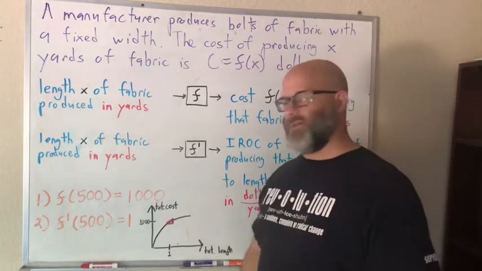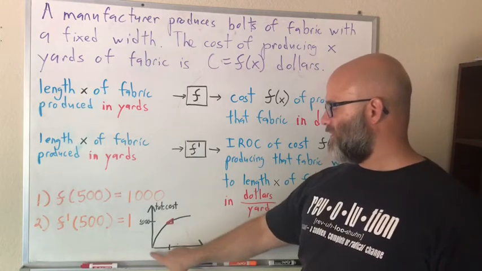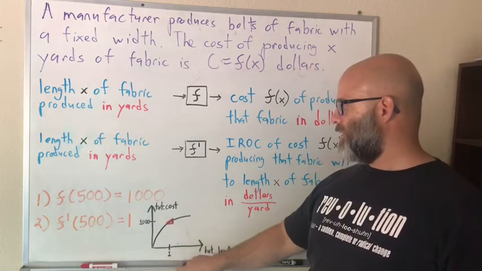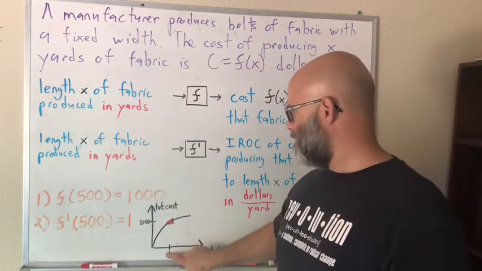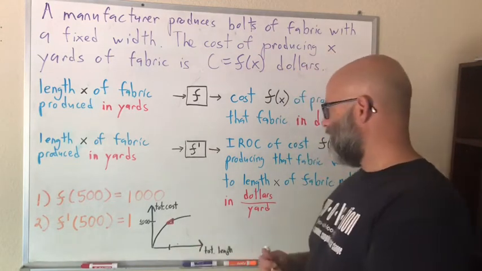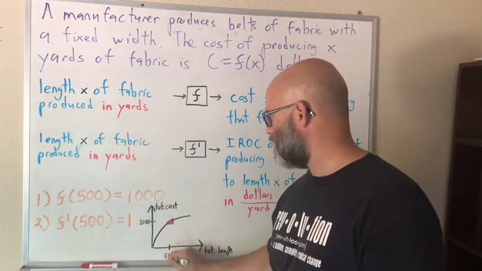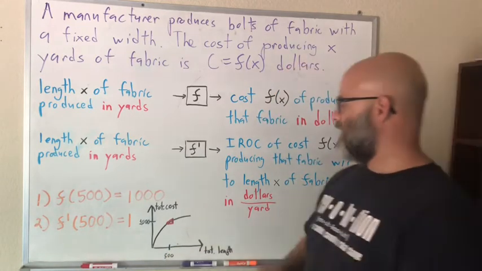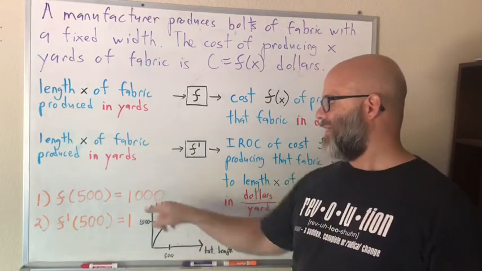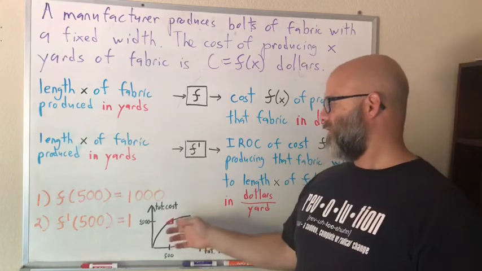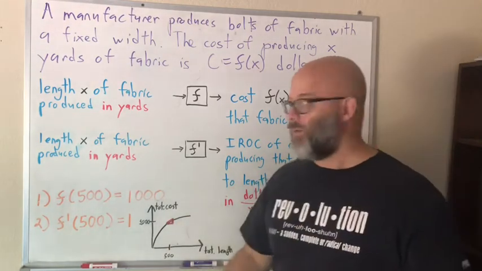Well, what do you notice about the average slope of this root function from, say, 0 to 500? Well, it looks like the average rate of change here from 0, 0 to 500, 1,000 would be essentially 1,000 over 500, which would be a rate of change of 2, right?